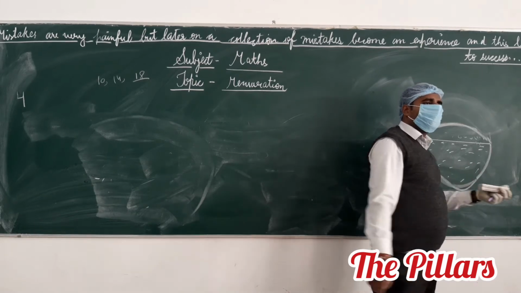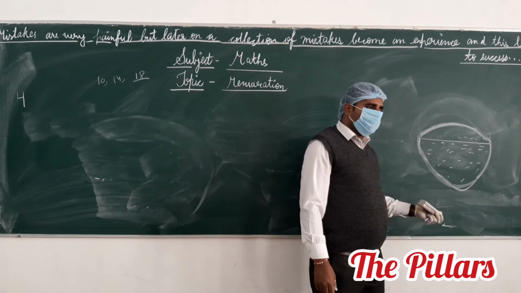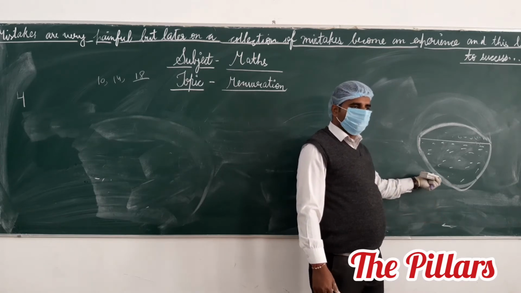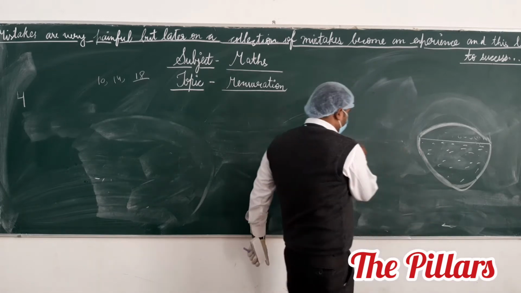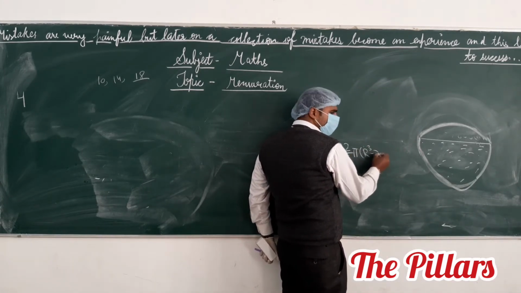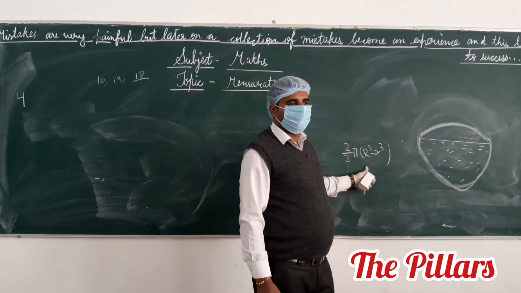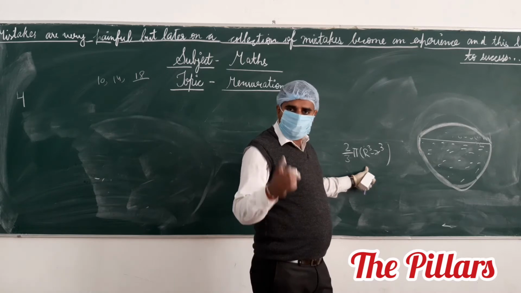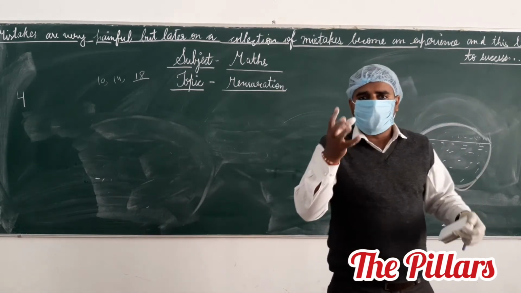Then we apply the volume formula 2 by 3 pi, capital R cube minus small r cube. This is the formula for a hollow sphere, hollow hemisphere.